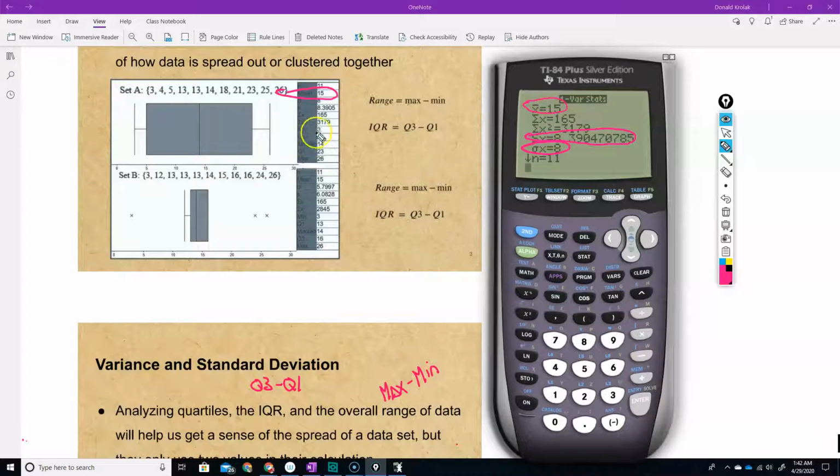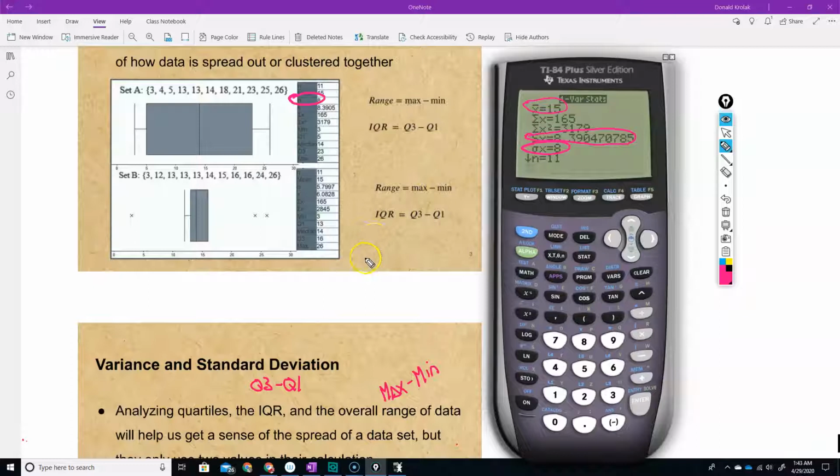Over here on our left, it's just in the reverse order. You have sigma, and then you have this one that is S. Both of these are standard deviations. The one that you want is the sigma, that's this right here. They're both standard deviations. One is for a population, one is for a sample.